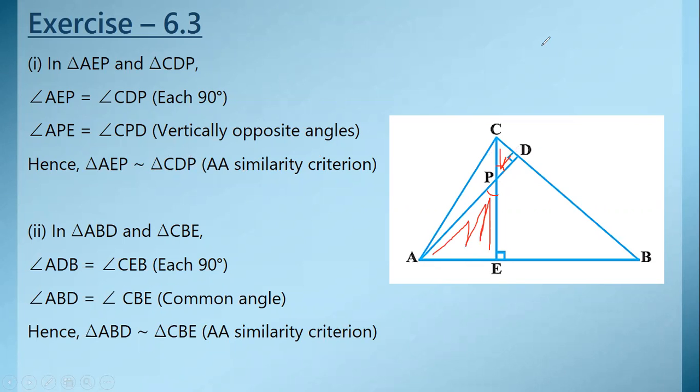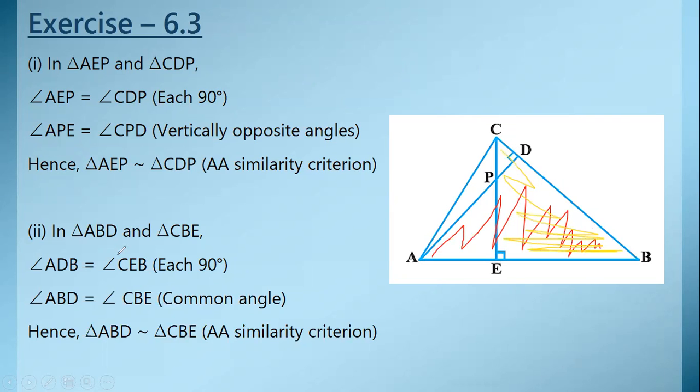Now for the second part, what we have is triangle ABD, that is this whole triangle, and triangle CBE, that is this part of the triangle. So first we have completely this one, and then we are going to have CBE.